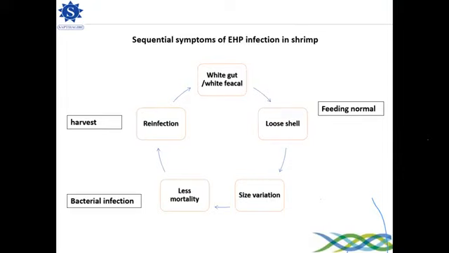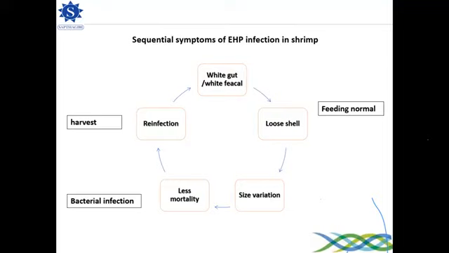After the white fecal diminishes, the animal moves to loose cell because of improper digestion and absorption of nutrients by the damaged hepatopancreas. As the hepatopancreas regenerates, the shrimp may recover from loose cell, but during this time, permanent stunting or growth retardation will occur, which leads to size variation.